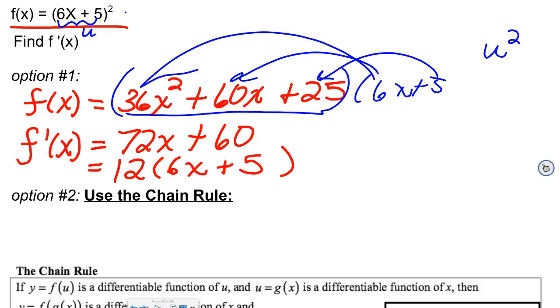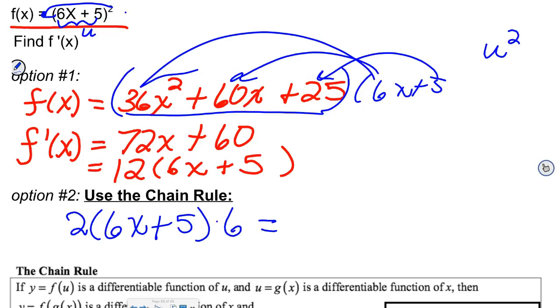And it says to do that, just take the power, bring it out front, and say it's 2 times 6x plus 5. But then you have to go to the inner link, which is the 6x plus 5, and take its derivative. What's the derivative of 6x plus 5? 6. And you'll notice I get 12 times 6x plus 5.